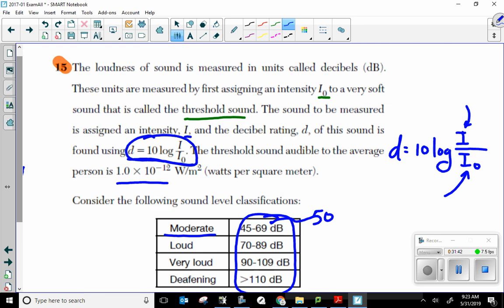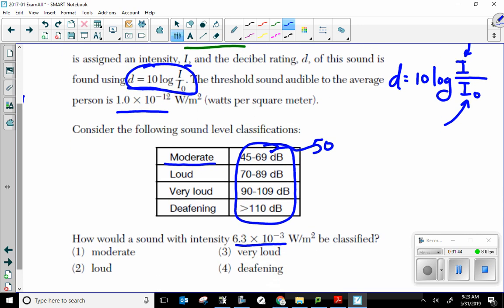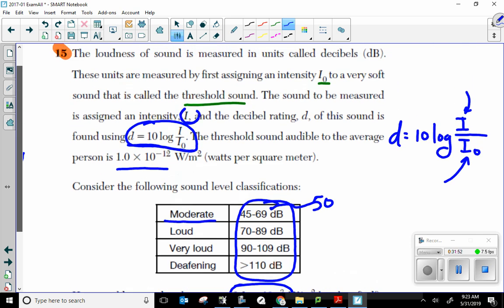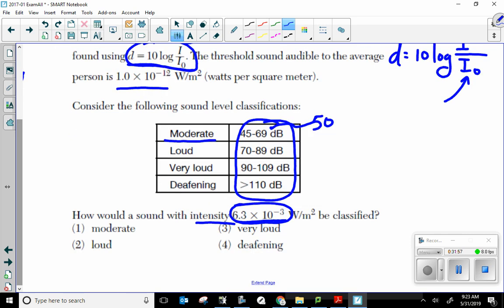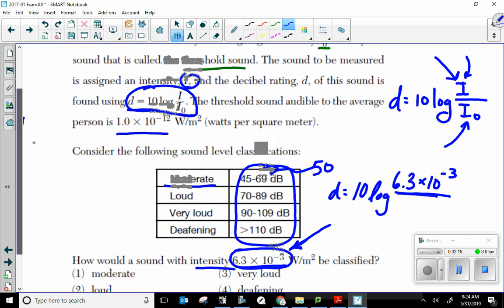Well, what do they give me in the problem? Intensity is this, 6.3 times 10 to the negative 3. Intensity is your I. That value in the problem goes in for my I. So my decibel rating is going to be 10 times the log of 6.3 times 10 to the negative 3, all over I sub O. Do they give me what I sub O is?